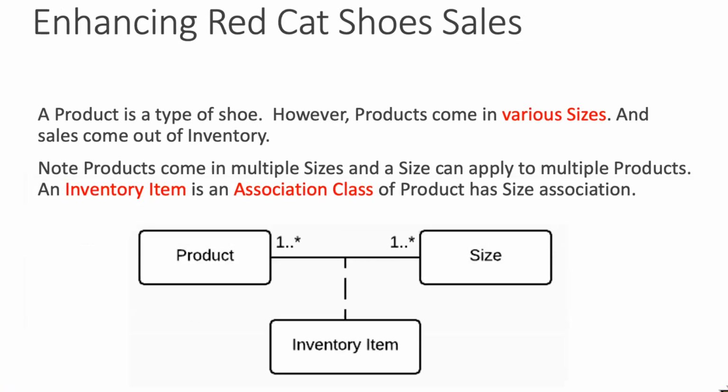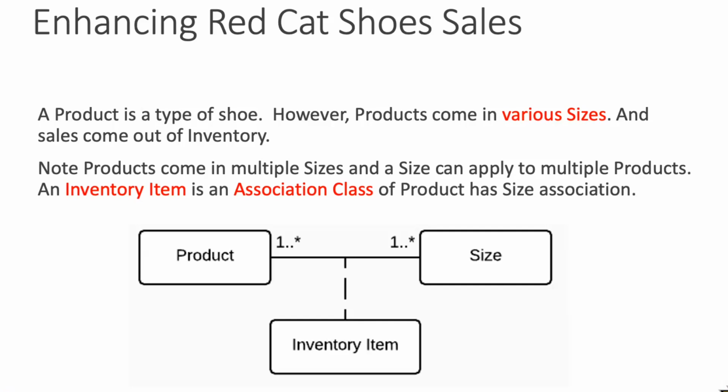We are again going step by step. The product, for red cat shoes, there is a size for it. One product can have minimum one, or many sizes. One size can be assigned to one product or many products. So there is a many to many relationship. We mentioned that when we have a many to many relationship, what should we do?